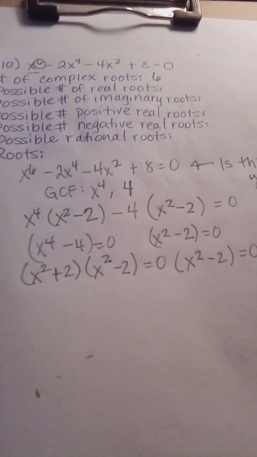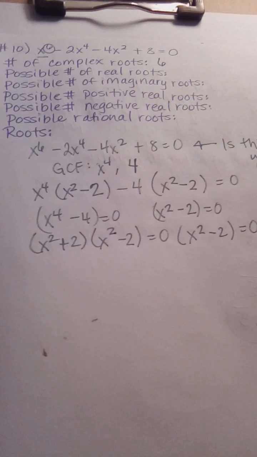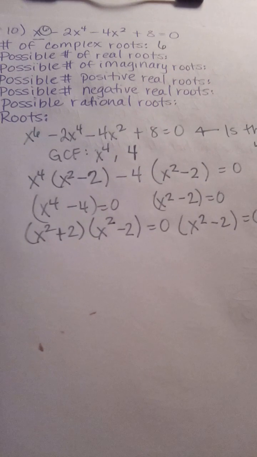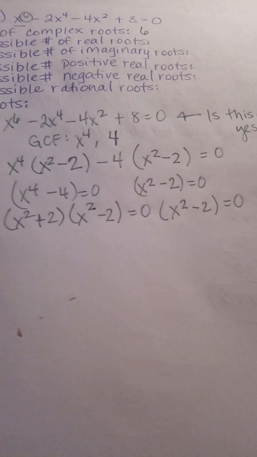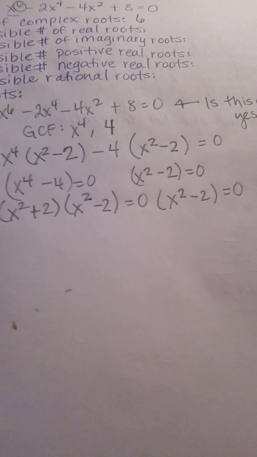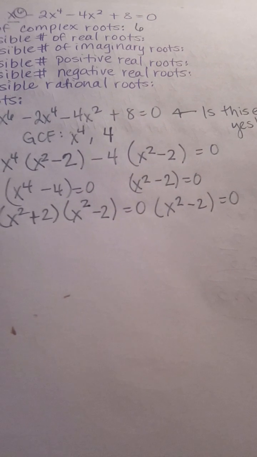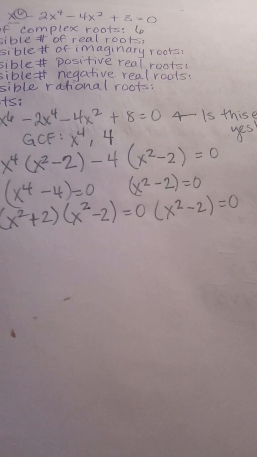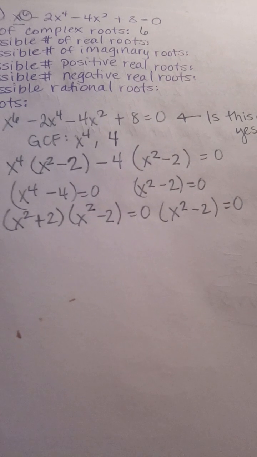Okay, here's a question, folks. This is a doozy. Do you see something that is the same? If so, which one? The x squared plus 2. x squared minus 2, I'm sorry. x squared minus 2.